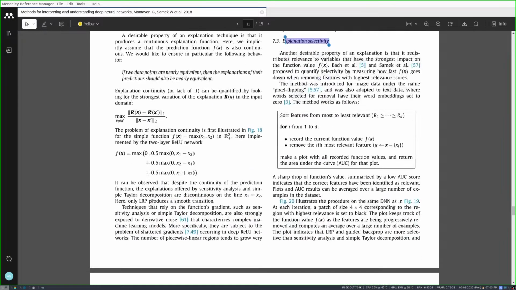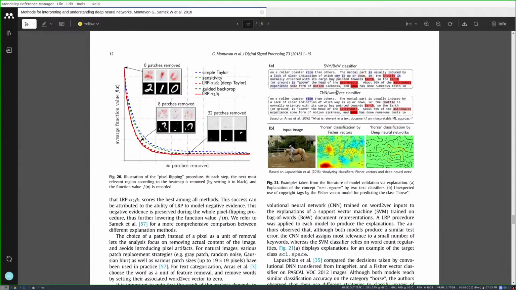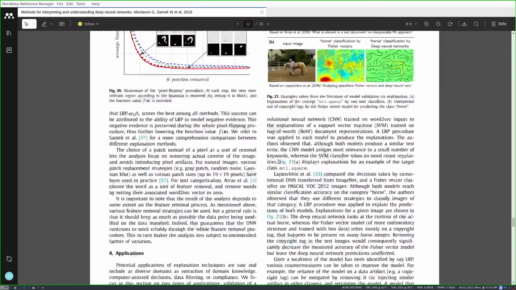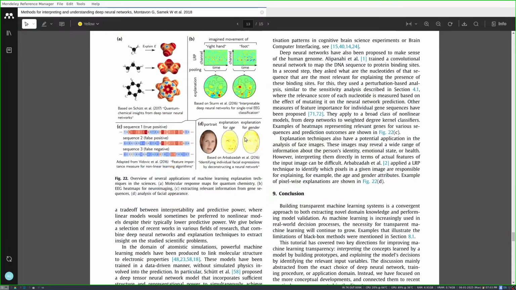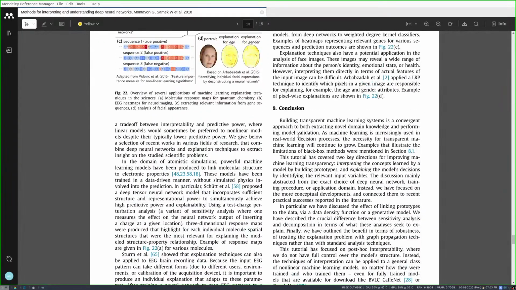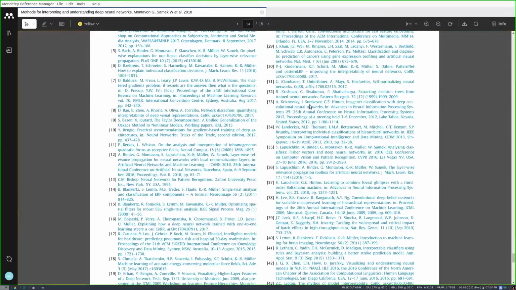I don't know, man. CNN, what do I classify? Application. Explanation for age is this. Explanation for gender is this. I don't know how this is an explanation for gender, but sure. Okay.